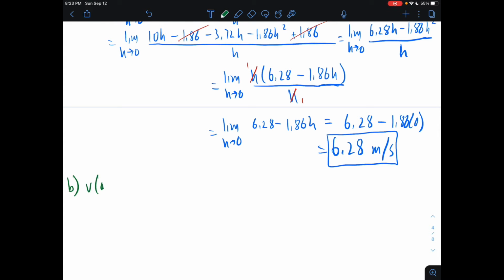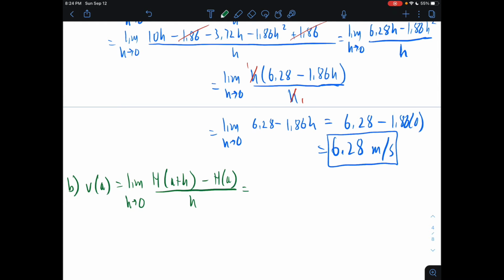v of a is the limit as h approaches 0 of, in this case, again, our function is h of a plus lowercase h minus h of a. You can see that all we've done is just, instead of using 1, we're just using a.